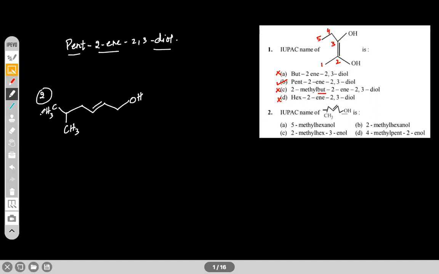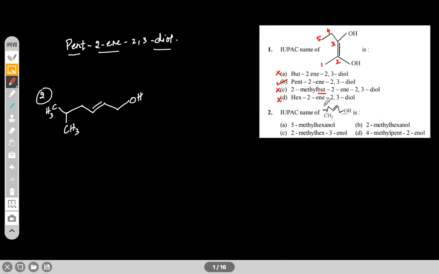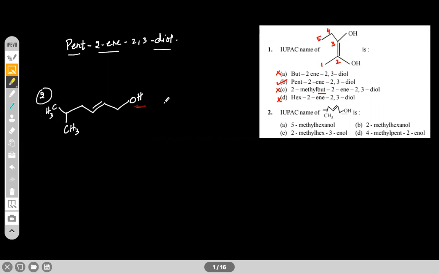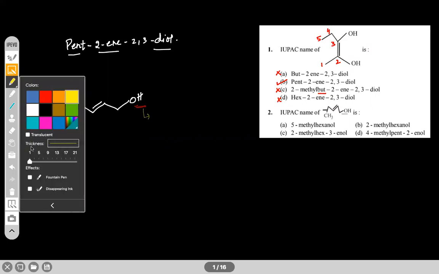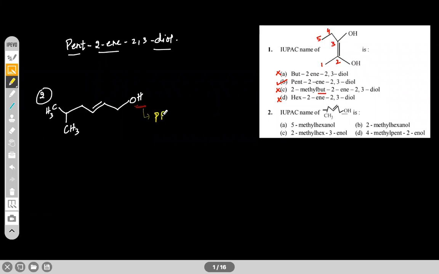Okay, we have a CH3 here. If you look at this closely, we have a CH3 present here, and then another CH3 here. This is the primary functional group, correct? This is the PFG, the primary functional group.